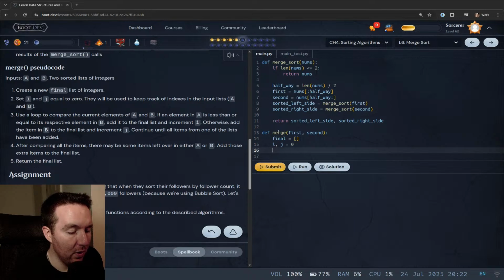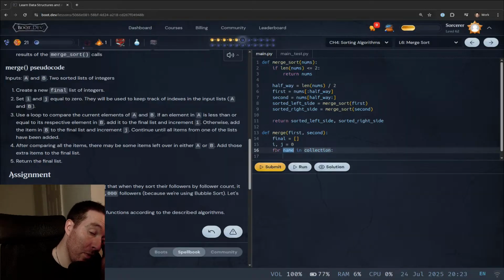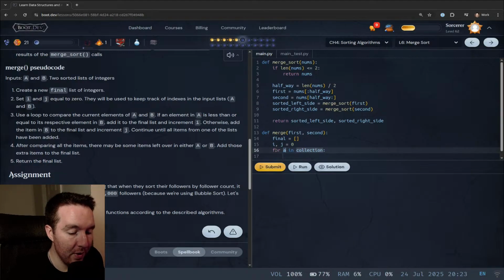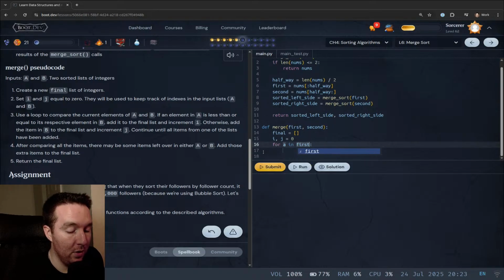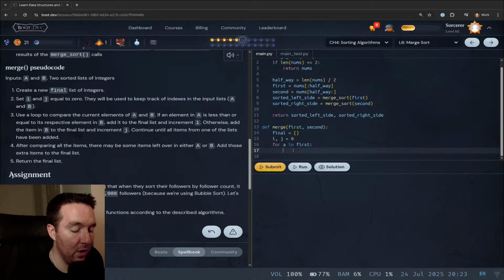Otherwise, add the item from B. So for A in first, B in second.